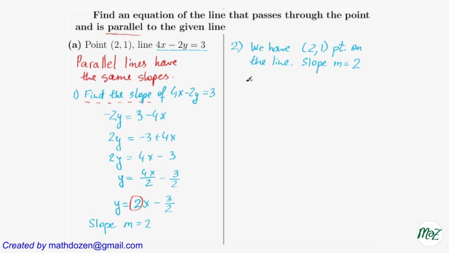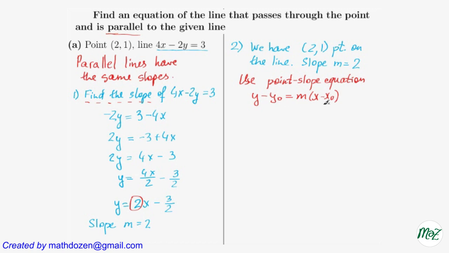At this stage, it's easier to use the point-slope equation. So we're going to use the point-slope equation: y minus y naught is equal to m times x minus x naught.